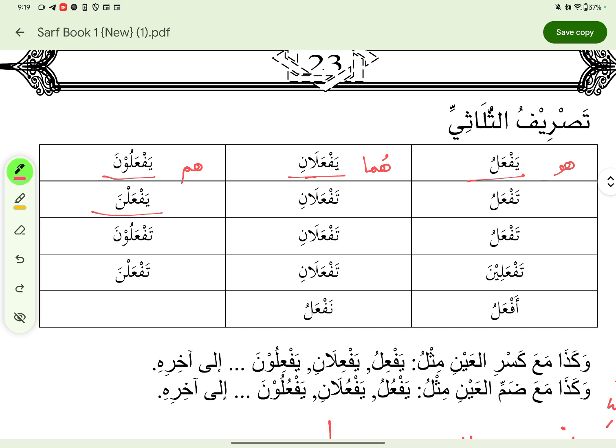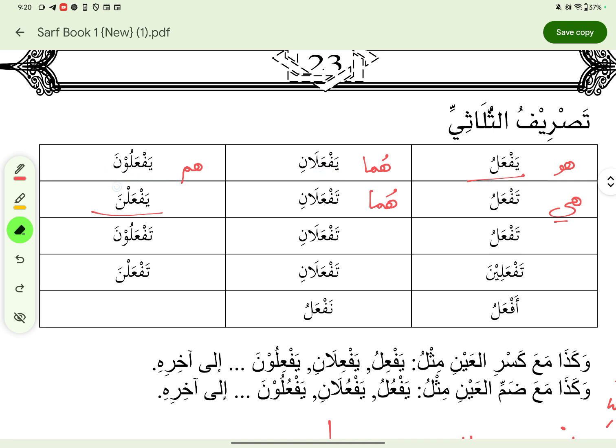Now for the second one, we have here, as we learned, hiya, which means she. So we have she does: hiya taf'alu, هي تفعل. Then we have huma again, هما تفعلان.